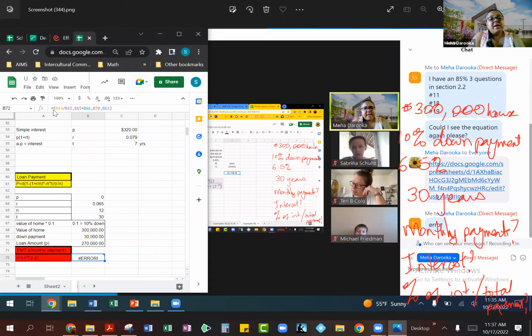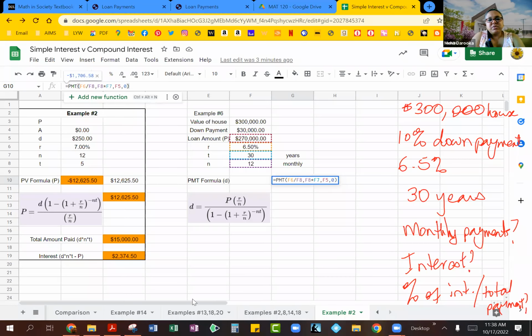Sabrina, after the equal to sign, you don't have PMT, you just put equal to and then parentheses. As soon as after the equal to you put PMT, because you haven't given which function you want to use, right? You just said equal to and then did the parentheses. So as soon as you replace that, you'll have, yeah.